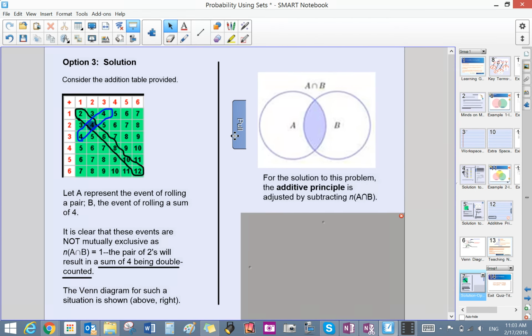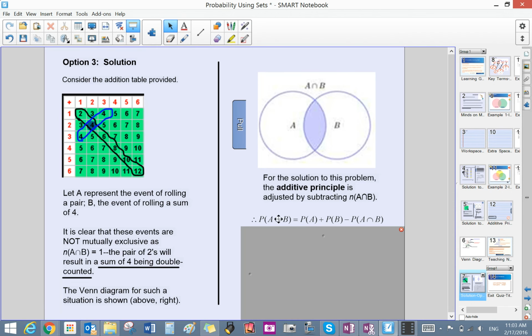So according to a Venn diagram, here's one for the additive principle for non-mutually exclusive events, or that is event spaces that are not disjoint, okay? They do overlap, and that is where that 4 happens to be housed.